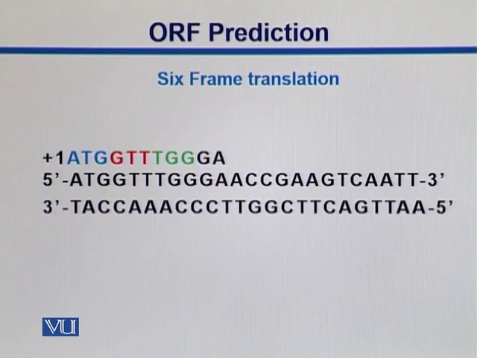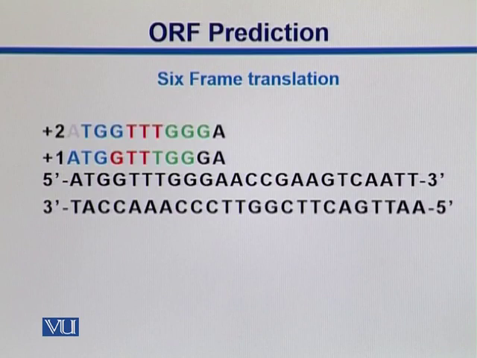We can start with position number 1 on the first strand. We label it as +1. In this way we start with A, and we have triplet codons like ATG, GTT, GGG and so on. The second possibility is that we can start from position number 2. In this case we give it the number +2.